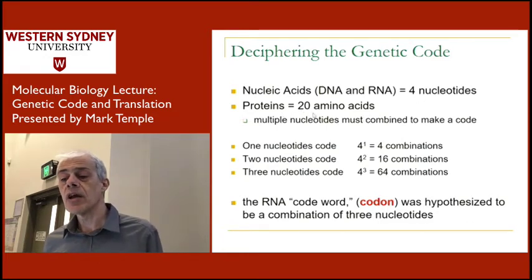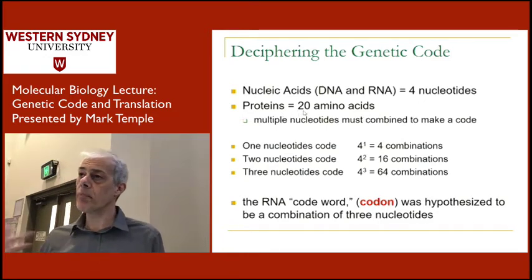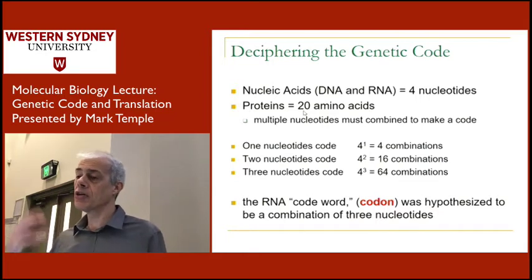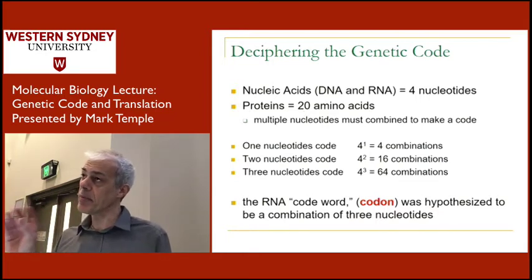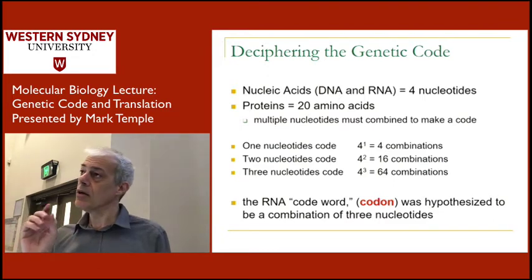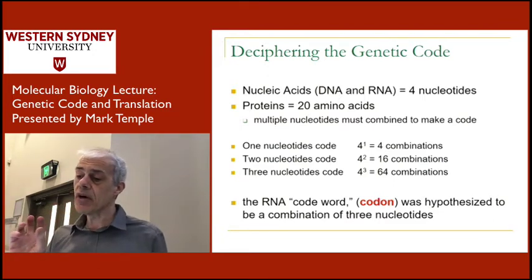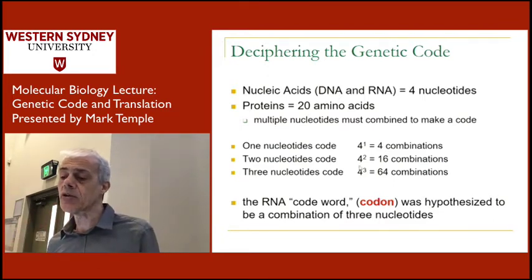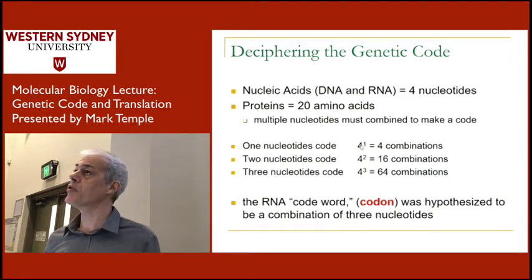So clearly, more than one base has to code for, or have information to select. If a single nucleotide base coded for an amino acid, then you'd only be able to code for 4 amino acids.